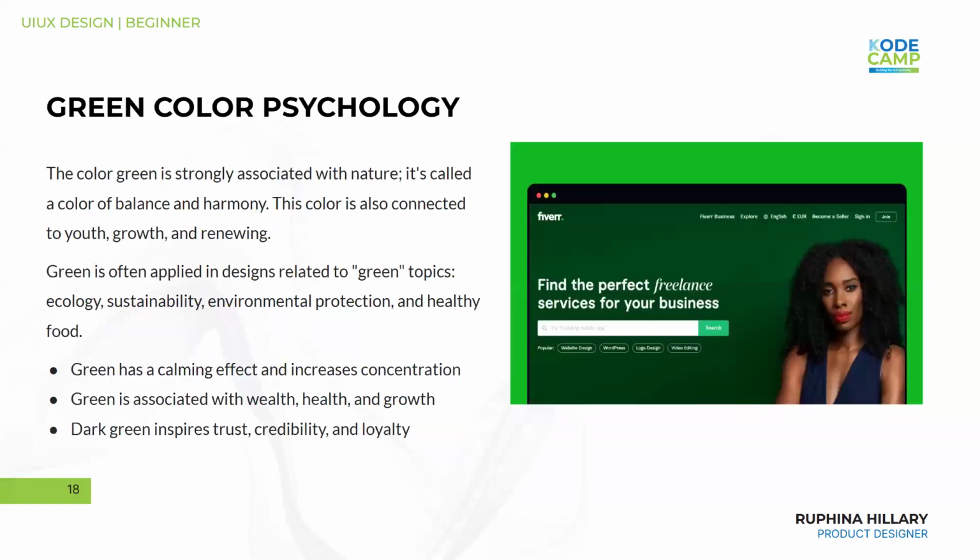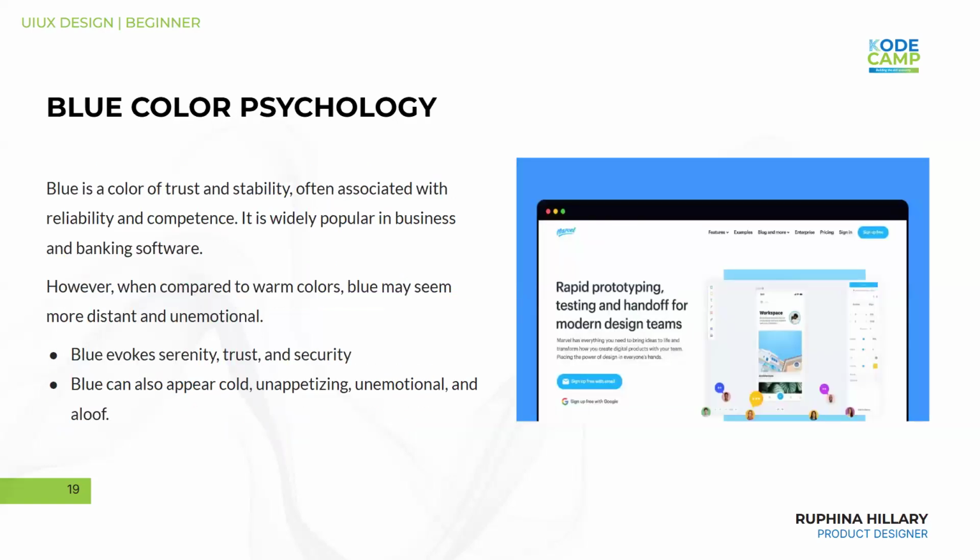Okay. So like the green I mentioned before, green itself has a calming effect, but the dark green, that's a shade of green, will inspire trust, credibility, and loyalty compared to the lighter green that's giving more of an agricultural vibe and ecology and sustainability. Same thing with blue.